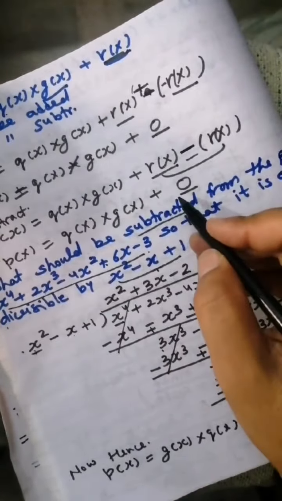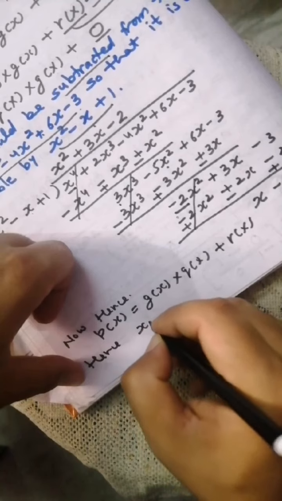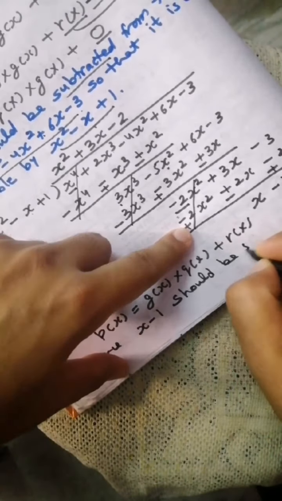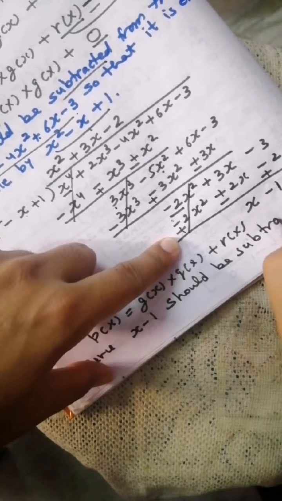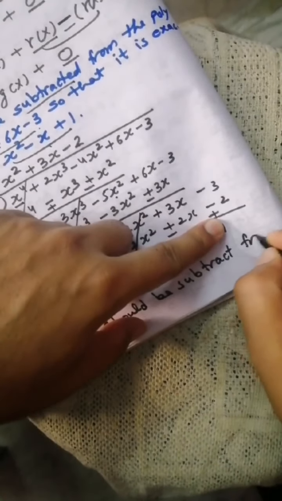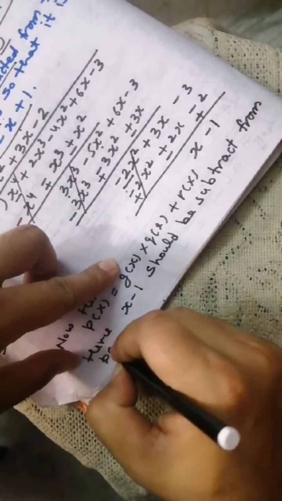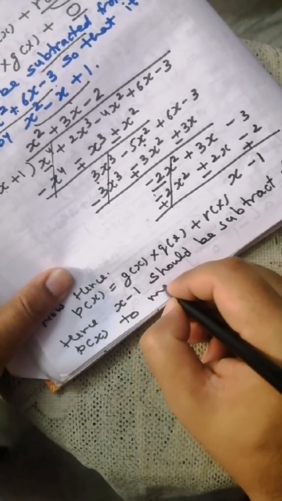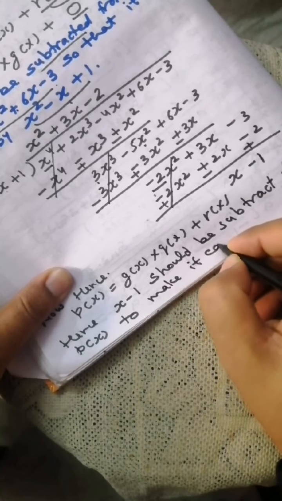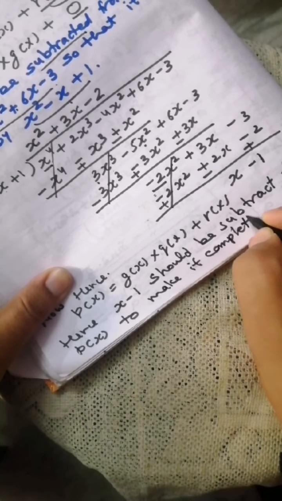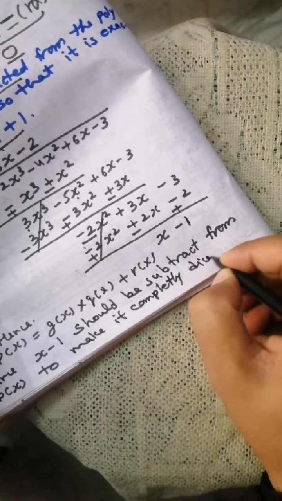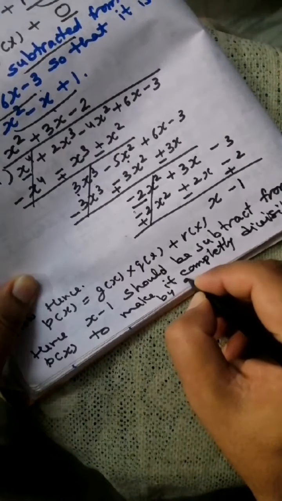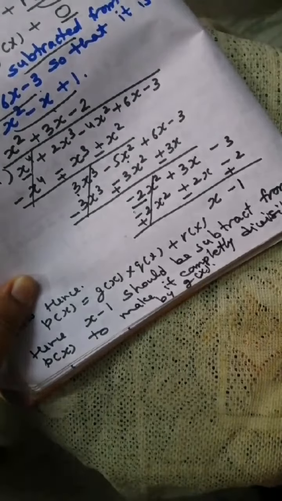So here I can write, hence, x minus 1 should be subtracted from p(x) to make it completely divisible by g(x). So that is the answer.